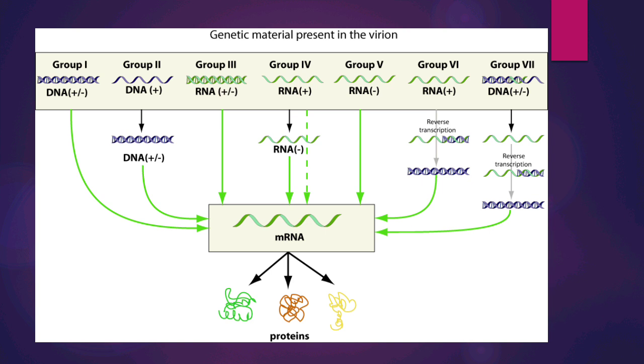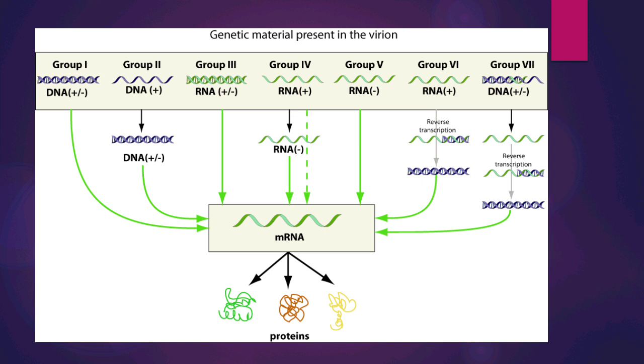Group 1 is positive and negatively charged. Group 2 DNA contains positive charge. Group 3 RNA contains positive and negative charge. Group 4 RNA contains positive charge. Group 5 RNA contains negative charge. Group 6 RNA contains positive charge. Group 7 DNA contains positive and negative charge.